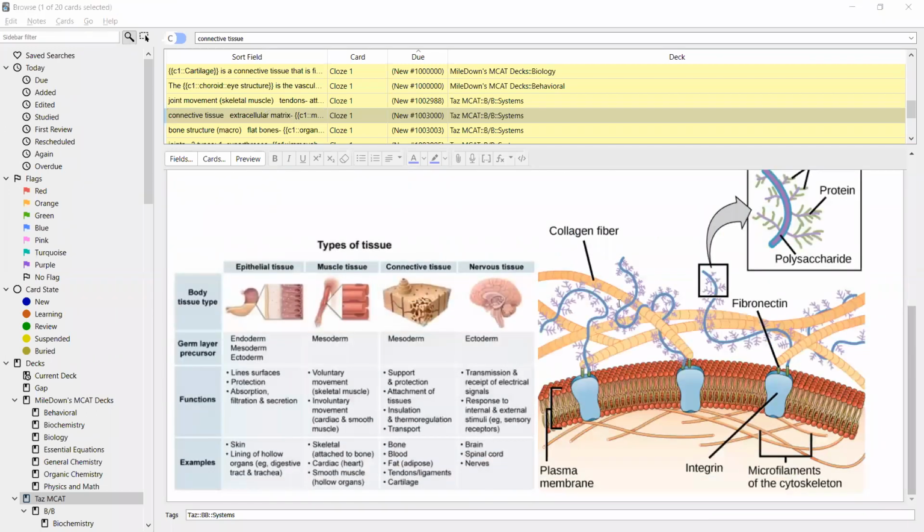So we just talked about epithelial tissue, and then there's connective tissue. And in a sense, bones are connective tissue. Bones, blood, fat, tendons and ligaments, and cartilage are all types of connective tissue. And basically, their goal is to connect things.